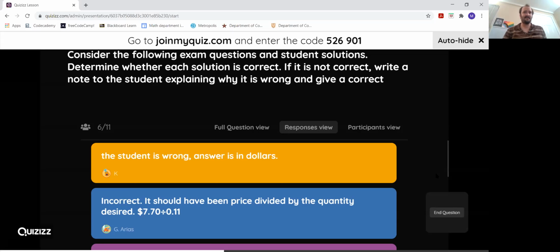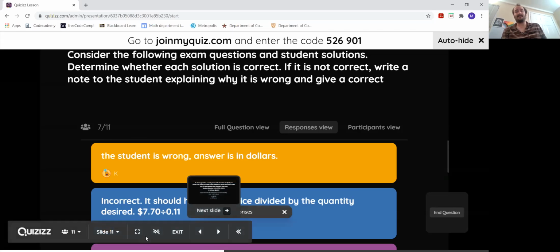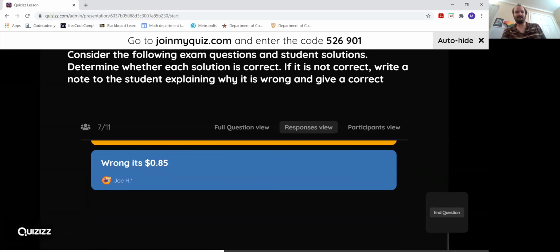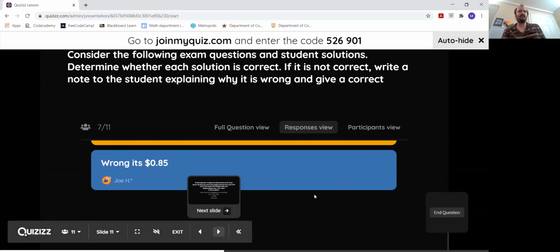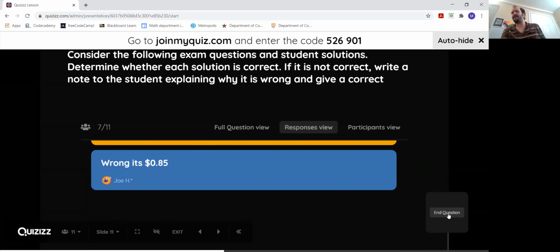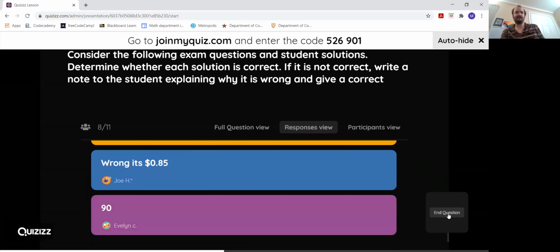Multiplication, right? You do 10 times 9 cents, which is going to give you 90 cents. And so it should be closer. Yeah, I think you're getting it right, like 85 cents or something like that.